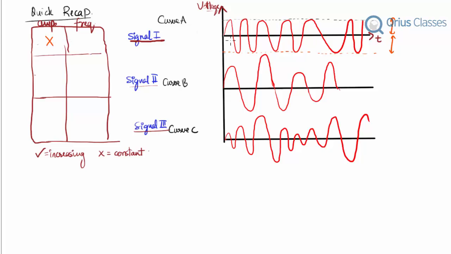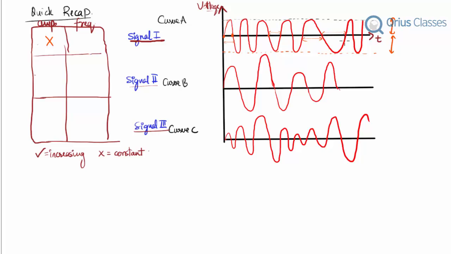Let's talk about frequency. We understand frequency by the length between two consecutive cuts made on the time axis. If that length is constant, we'll say that the frequency is constant. So for curve 1, for this part of the signal, the length is this much. For this part, the length is a little bit more. For this part, it is a bit more, and for the next part the length has again increased.